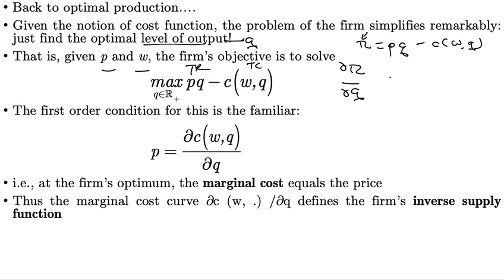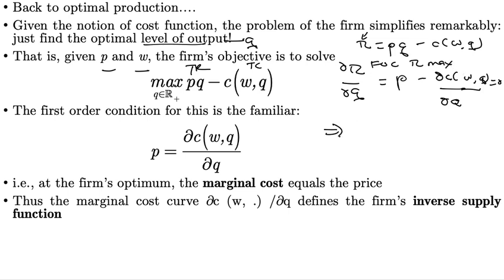Then we get P, isn't it? Because if you differentiate it using simple differentiation, that's what you get, minus delta C over delta Q. C is a function of W and Q. And then don't forget, because this is a first order condition, we want to maximize, so we equate it to 0. Profit maximization.